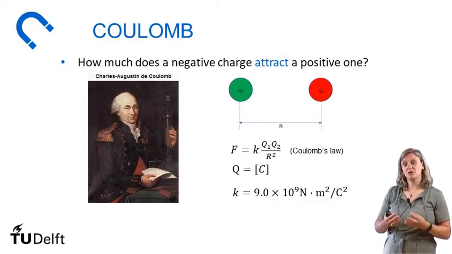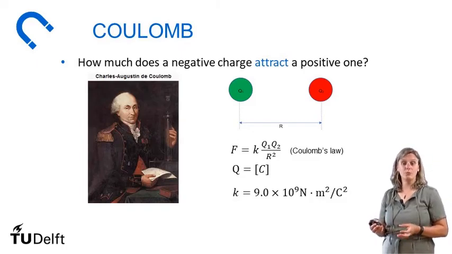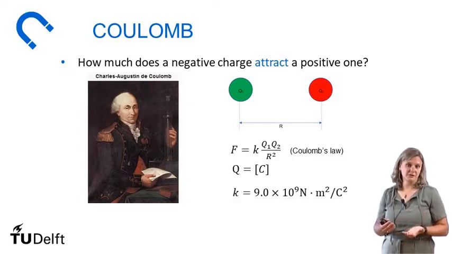And we also say that the unit of charge Q is the Coulomb. So we have Coulomb's law, the unit of charge is the Coulomb, and K is Coulomb's constant.